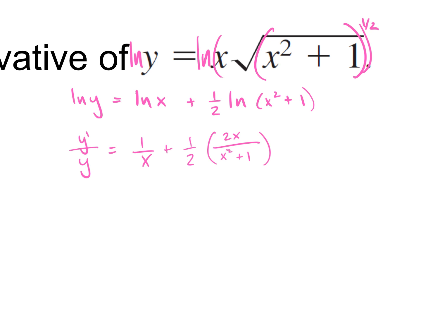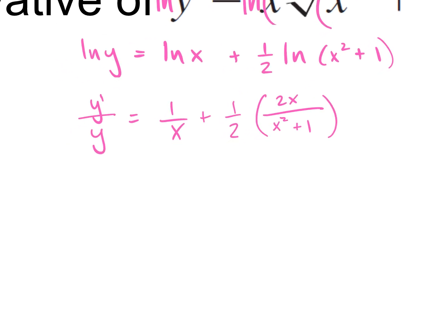Let's simplify from here and combine our fractions. So we're going to find a common denominator. I can cancel out these 2's. So I have 1 over x plus x over x squared plus 1. I need to multiply by a common denominator. So I can multiply the top and the bottom here by x, and then the top and the bottom of the first one by x squared plus 1.